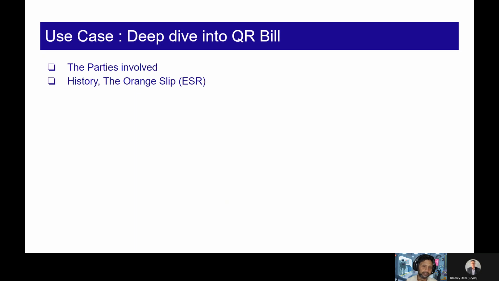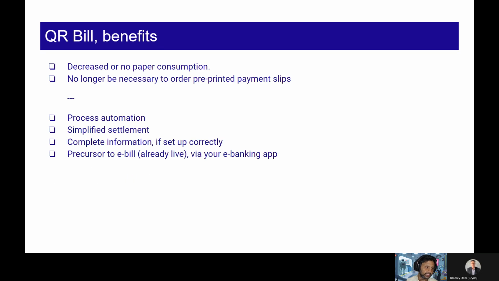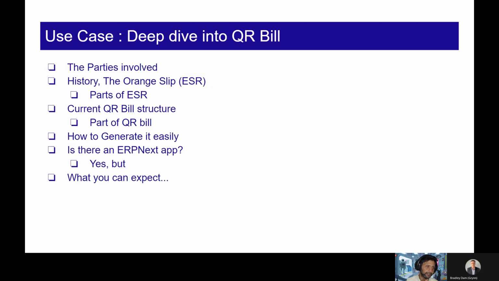Let's look at a little bit of the history of that, or at least let's look at the parts of it. Current QR bill structure, what goes into that QR bill, parts of QR bill, again, like I said, how to generate it easily. Is there an ERPNext app? That's a very important question. We'll answer that and what you can expect in the future.